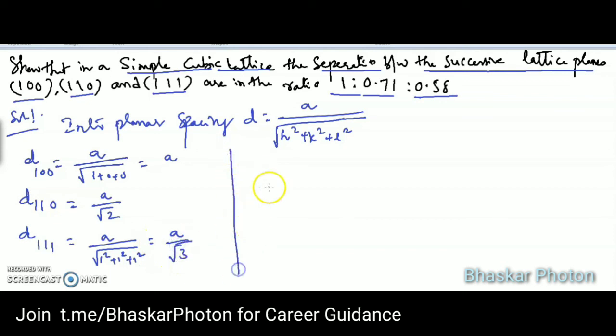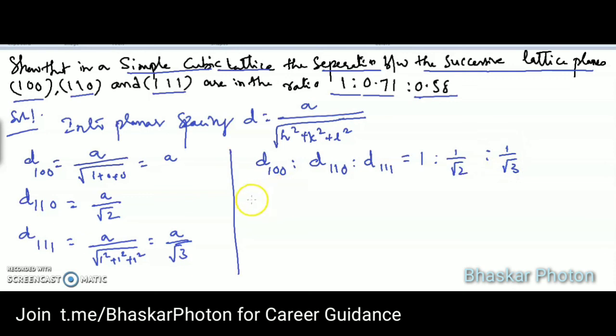Okay. Now we have to do this. D100 is to D110 is to D111, that is equal to what? If you do this one, basically A is common, right? So this A will be cancelled. So this is 1 is to 1 by root 2 is to 1 divided by root 3.